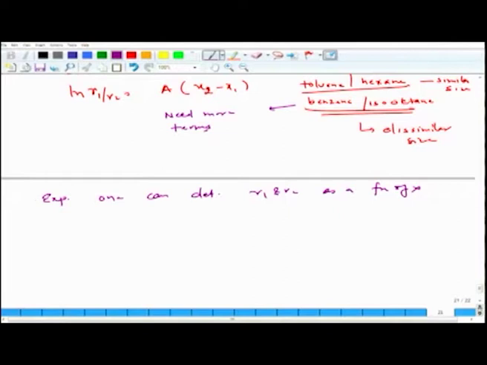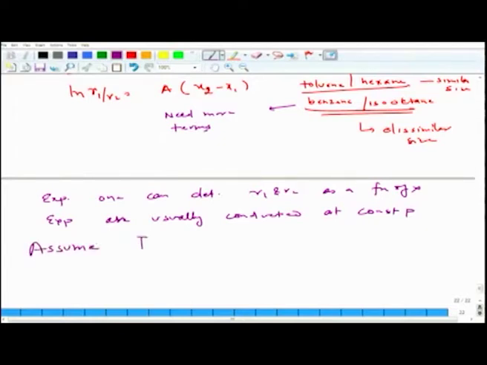The other thing is that usually the experiments are conducted at constant pressure. So what we assume in this case is that T does not change over the composition much, because of course there will be small changes in the temperature over composition.